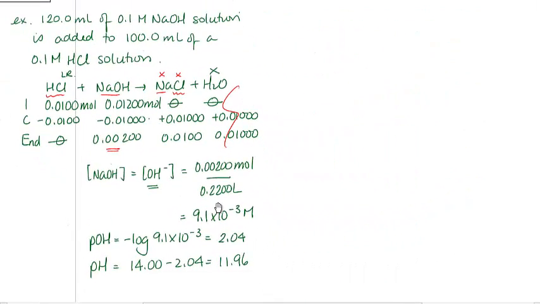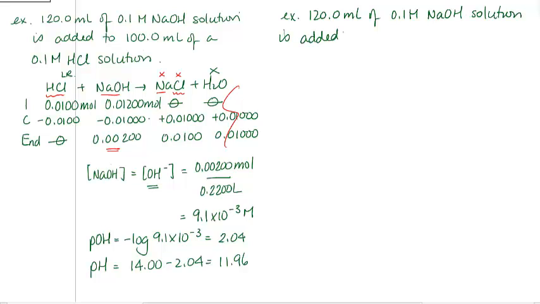So the example that we are going to work on is very similar to the one that we did for the strong acid versus strong base. Again, we're going to be adding 120 milliliters of a 0.1 molar NaOH solution, and it is added to 100.0 milliliters of a 0.1 molar CH3COOH solution.